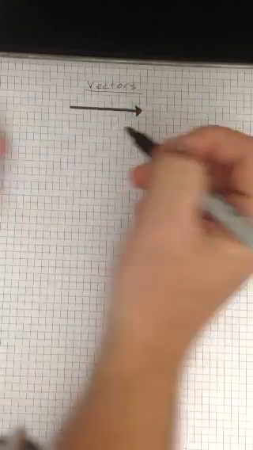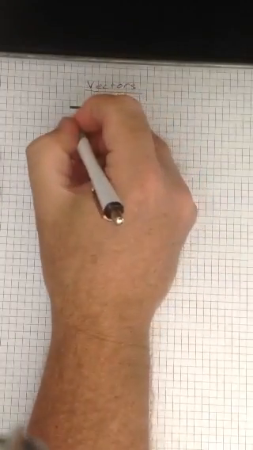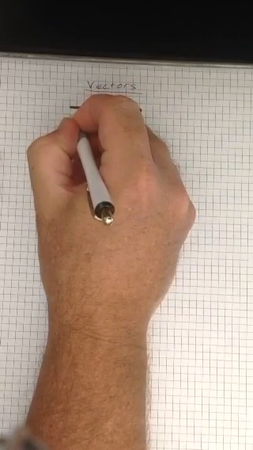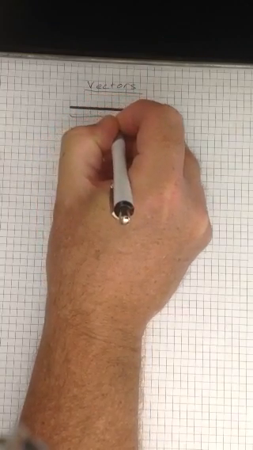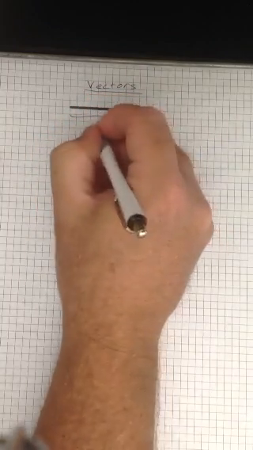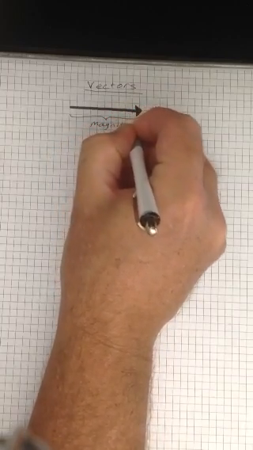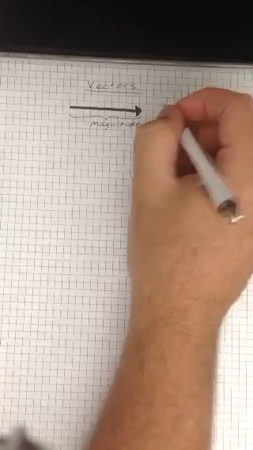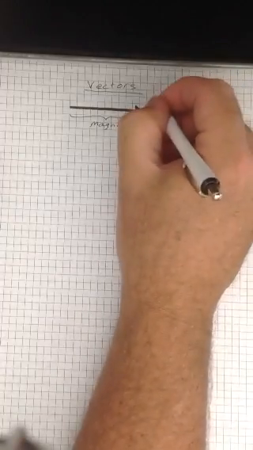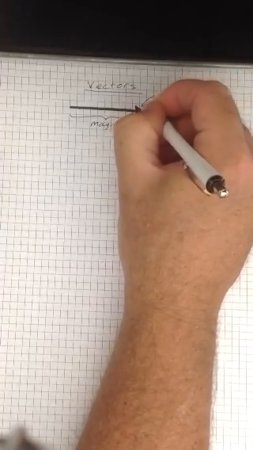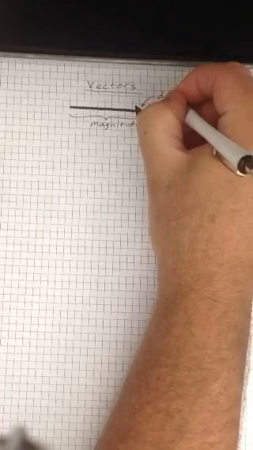The arrowhead points the direction. The important things about vectors are that it has a length, which is known as its magnitude, and it has a direction, and that's where the arrowhead points.